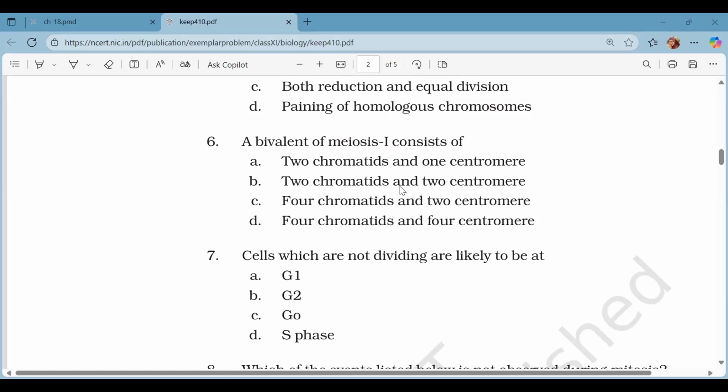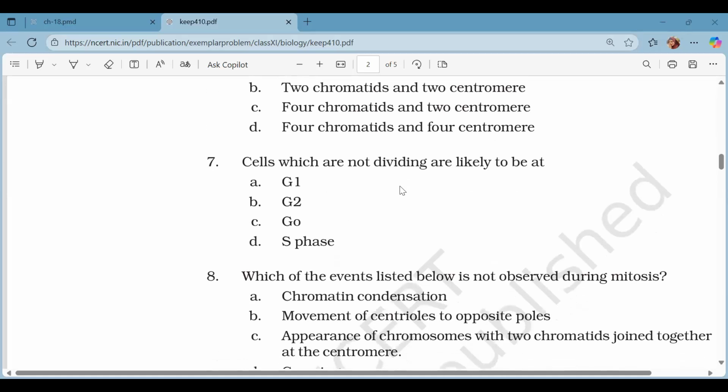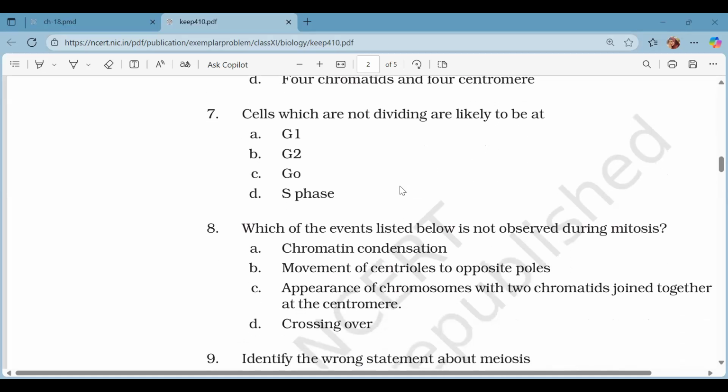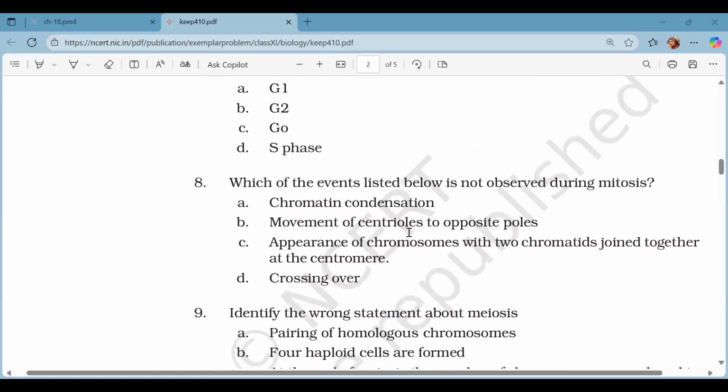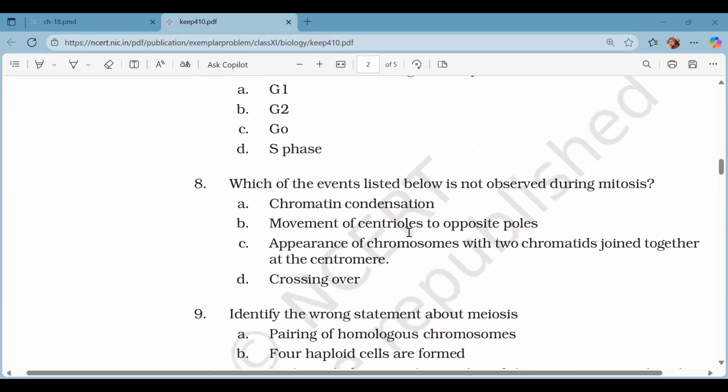Cells which are not dividing are likely to be at which phase? G0 phase. Very good. Which of the events listed below is not observed during mitosis? Crossing over. Crossing over only happens during meiosis, and at which stage, students?